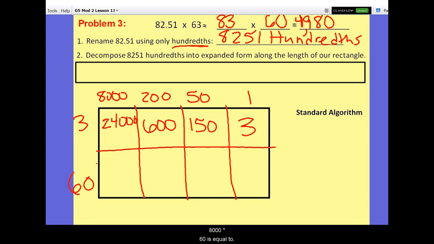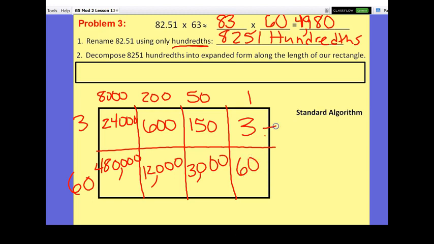8,000 times 60 is equal to 480,000. 200 times 60 is equal to 12,000. 50 times 60 is equal to 3,000. And 1 times 60 is equal to 60.